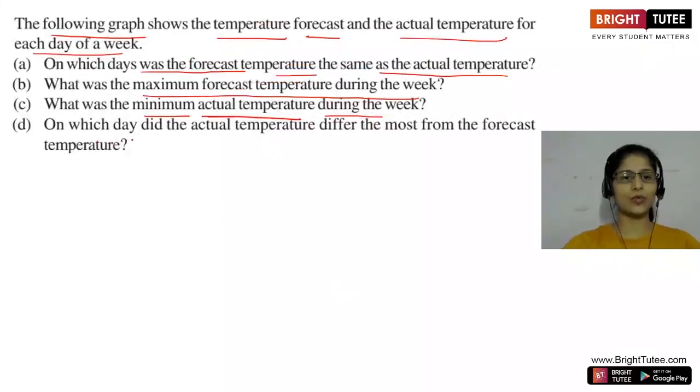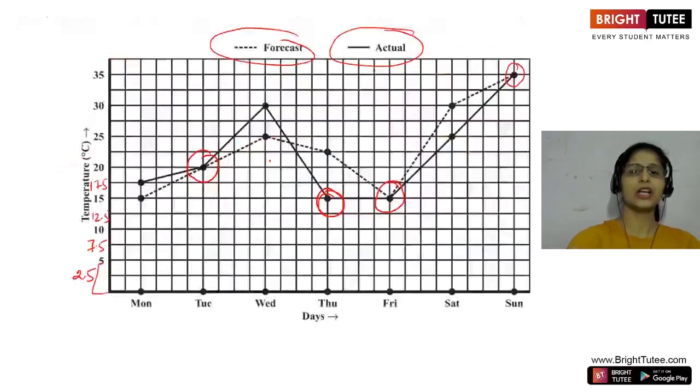Last question, that is on which day did the actual temperature differ the most from the forecast temperature? That means there is a greatest difference between the forecasted temperature and the actual temperature. Looking on the graph, just see, on Monday there is not much difference. On Tuesday it is same. On Wednesday it is a little difference. On Thursday there is a difference.